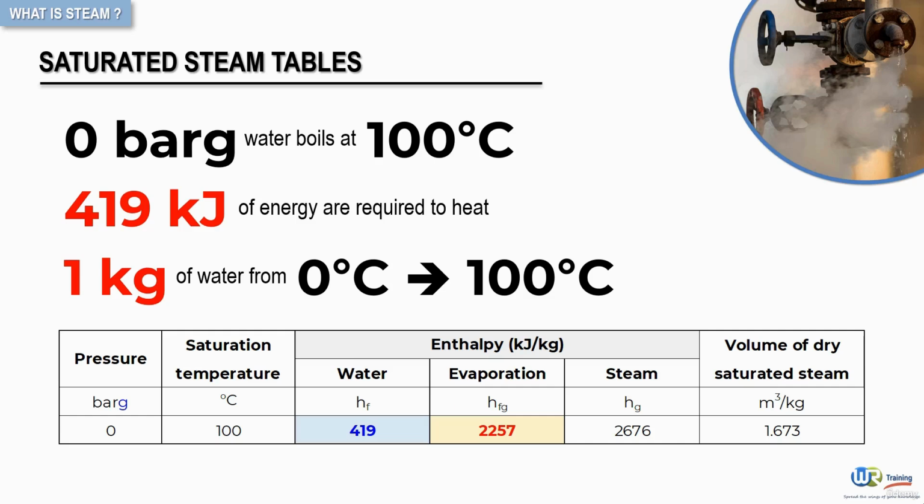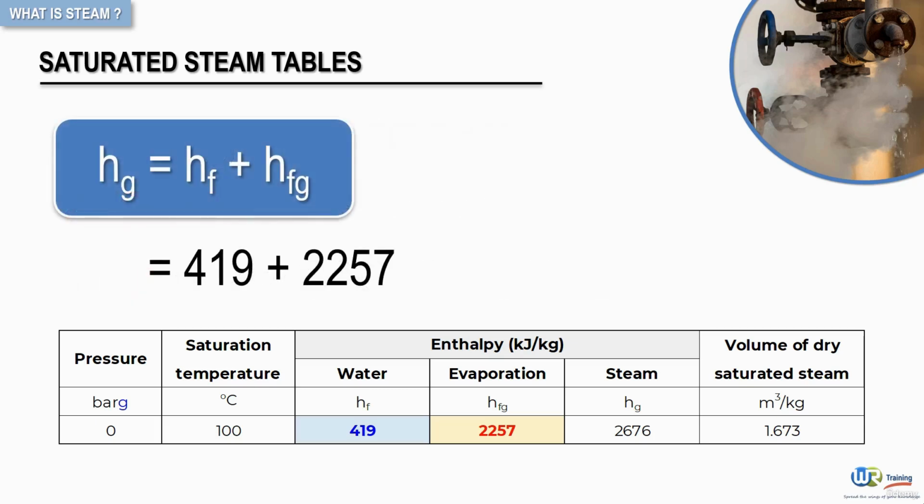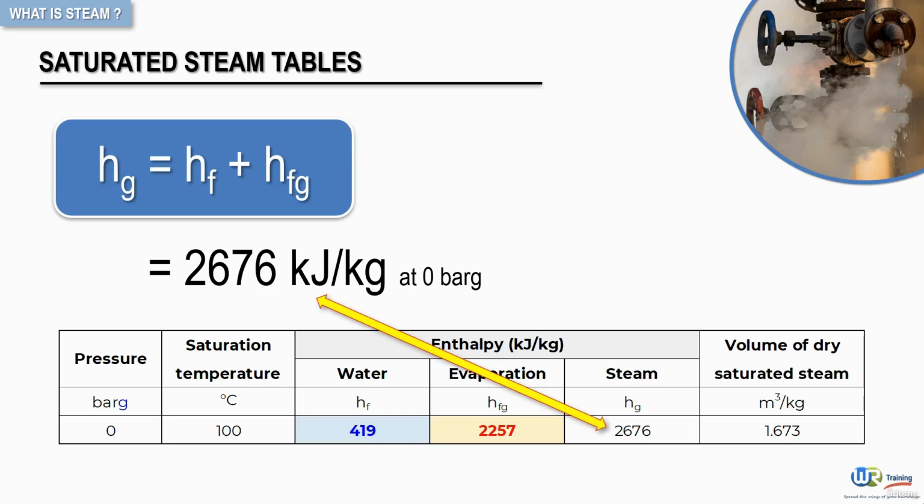This also means that at atmospheric pressure, the total enthalpy of saturated steam is 419 plus 2,257, so 2,676 kilojoules per kilogram at atmospheric pressure. This is also shown on the steam tables.